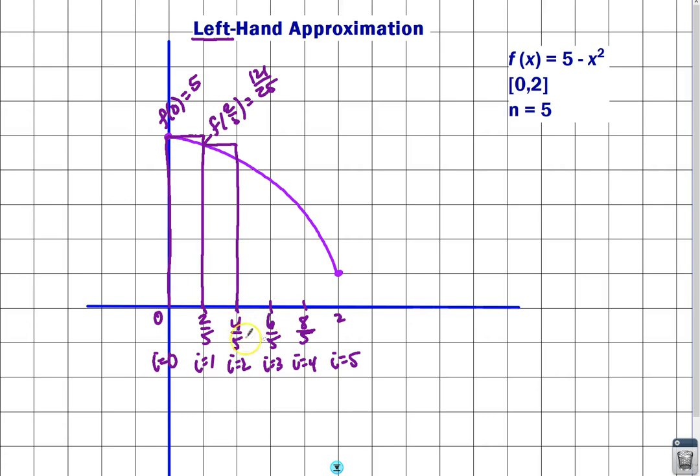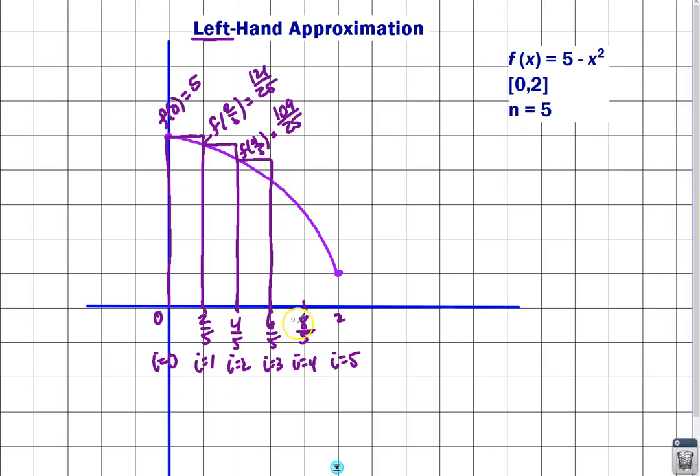Same thing between 4/5 and 6/5. Go to the 4/5 height. Go over. Boom. There we go. So the height of this one is now f of 4 over 5, which we said, I believe, was 109 over 25.